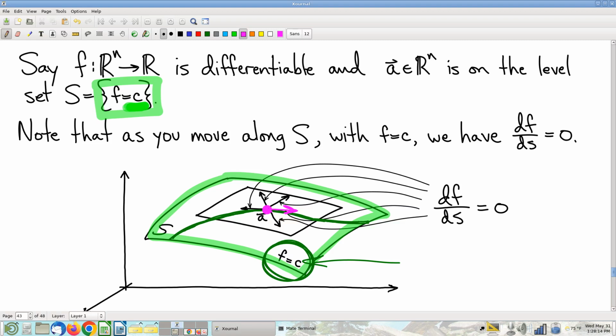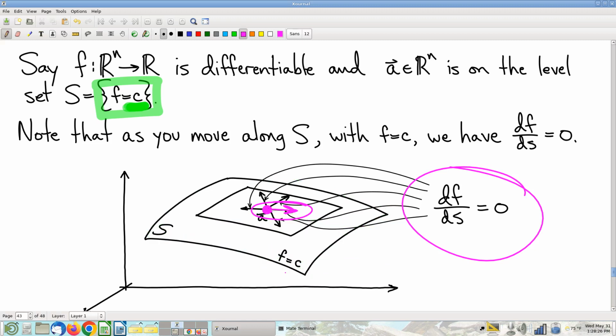So, as I am at that point and moving in the direction of a tangent vector to the surface, any tangent vector to the surface, my directional derivative is going to be 0. Right? Because I'm moving along the level set where the function doesn't change, the directional derivative is 0. Is everybody with me so far? And this applies to any tangent vector to the surface.